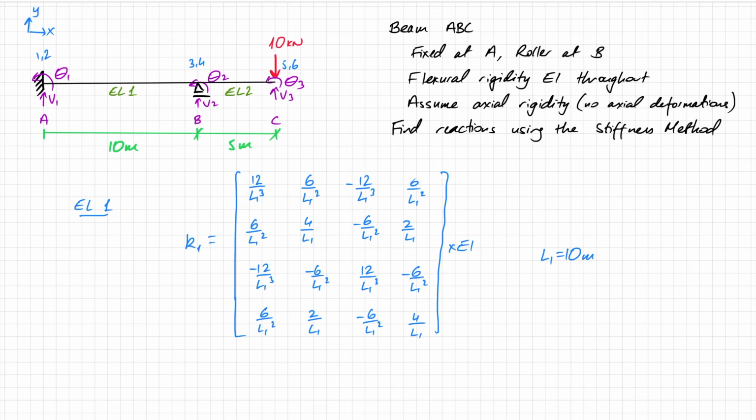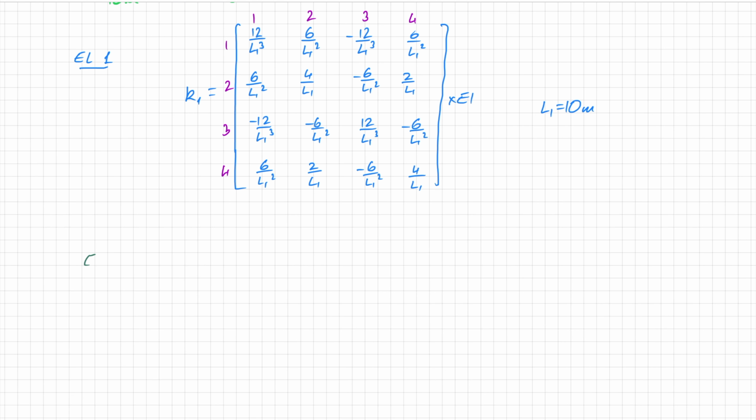One more thing before I move on to element 2 is I want to put the labels of what degree of freedom in the global coordinate system this relates to. So I've got 1, 2, 3, and 4 along both the rows and columns. I'm going to move on now to doing exactly the same thing for element 2. So k2 equals, and if I open my brackets, I'm going to have exactly the same thing, just with L2 instead of L1.